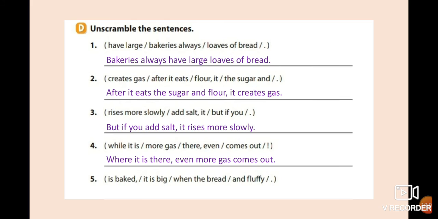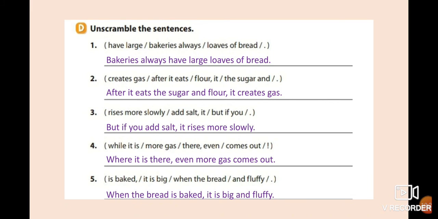Exactly. That means the bread is more fluffy. Next one is baked. It is big when the bread and fluffy. When the bread is baked, it is big and fluffy. Good job. Let's review.